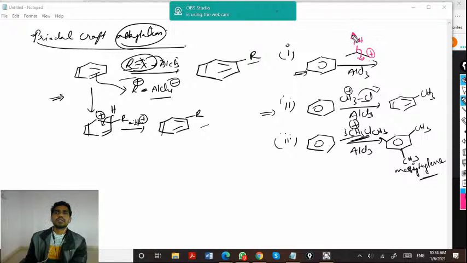So a 1,2 hydride shift is going to happen. So the secondary carbocation will be more stable. The resulting product will be attachment to the secondary carbon instead of the primary carbon. So the product will be isopropylbenzene. This is called cumene.